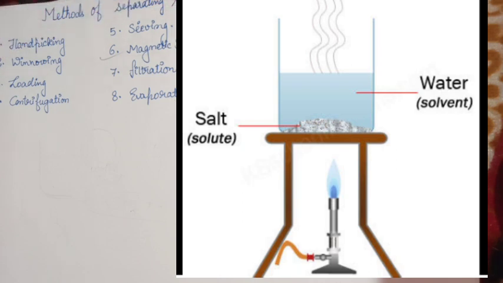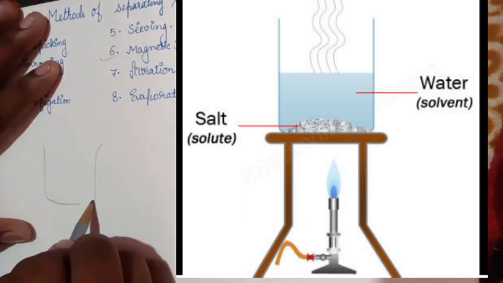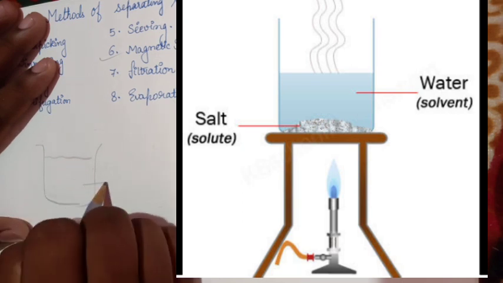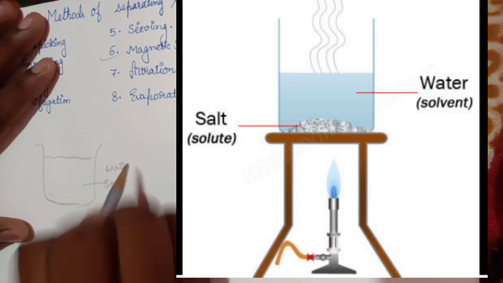Now if we mix salt in water, how do we get a soluble solid from a solution? So we take a beaker, and we make a solution of salt and water. So how do we separate it?